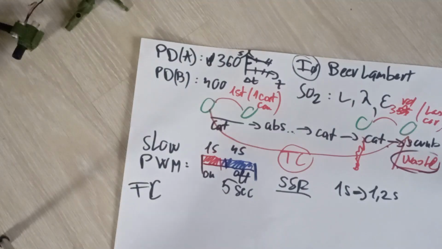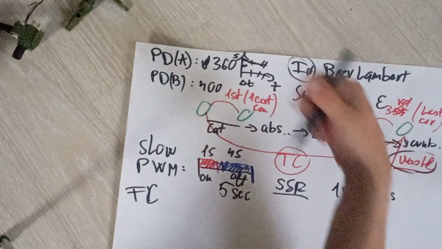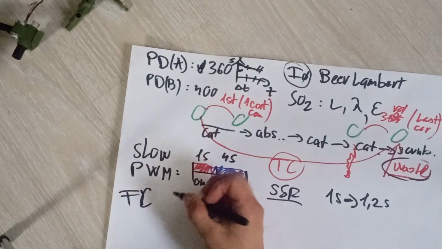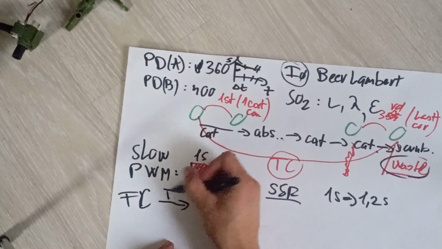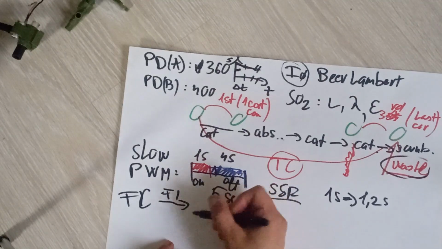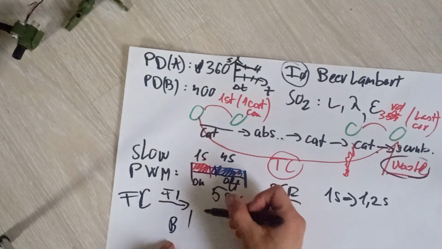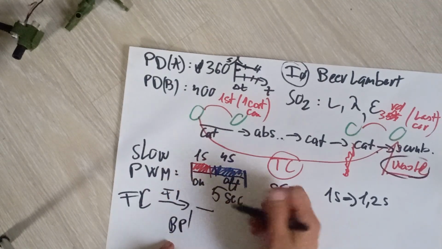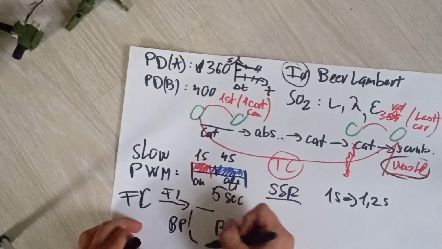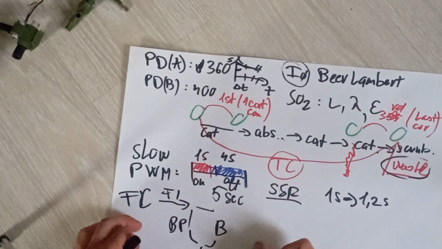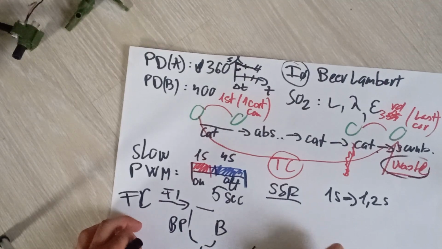So the flow control will be able to shut off some air from the burner. This is the flow in, this is the bypass, and this is the burner here, and these mesh together and go into the catalyst section.